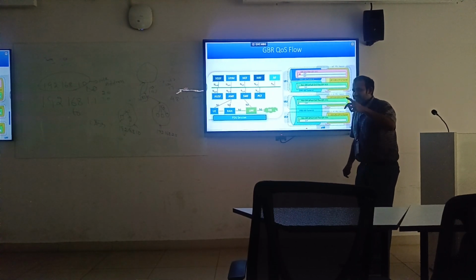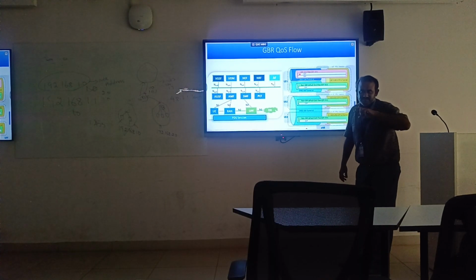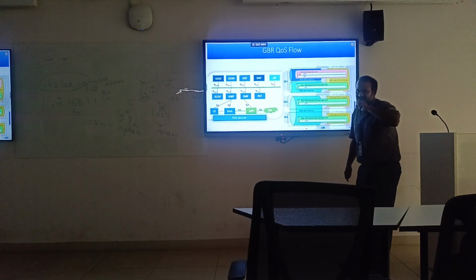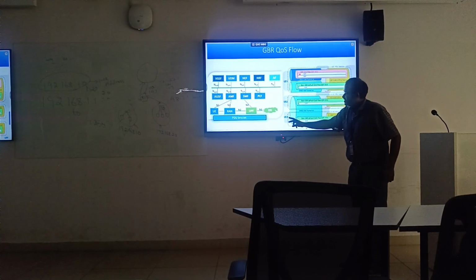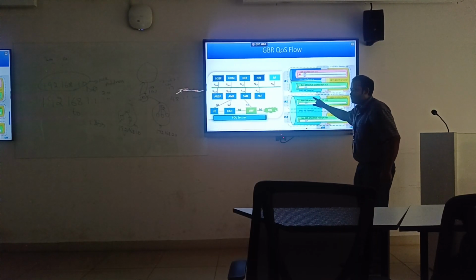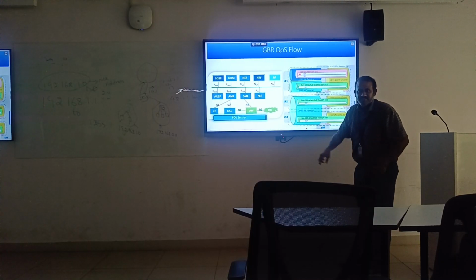Two or more users can use the same data bearer, if they have the same QoS. Able to understand? Correct? Yeah? So that is why they have given UE1, UE2, UE3. Okay, if you have the same data flow, same non-GBR services, one data bearer is created for different users.